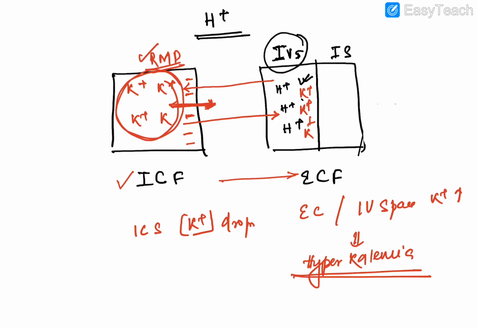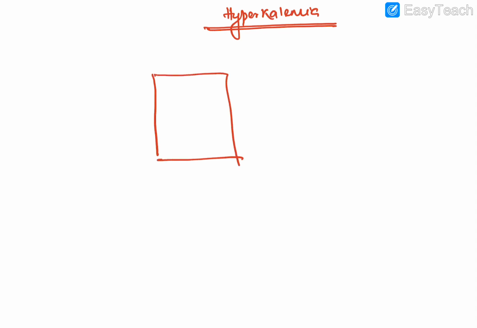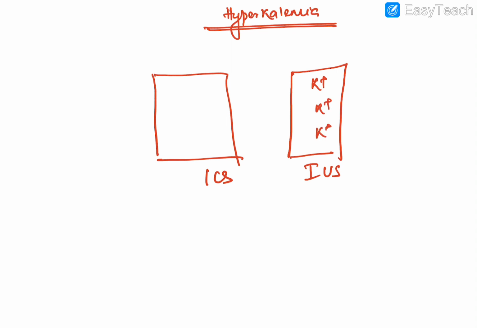Now, patients of DKA, because of this hyperkalemia, they present with weakness. Now, why does it happen? Let us draw this thing out again. This is intracellular space and this is intravascular space. So what has happened in DKA? The levels of potassium here has increased and here it is low.